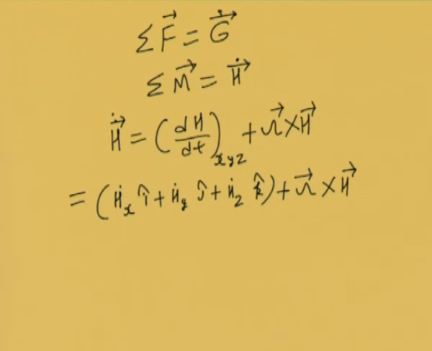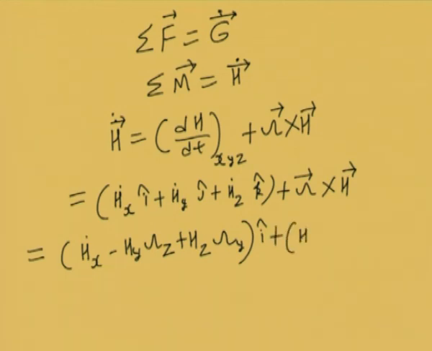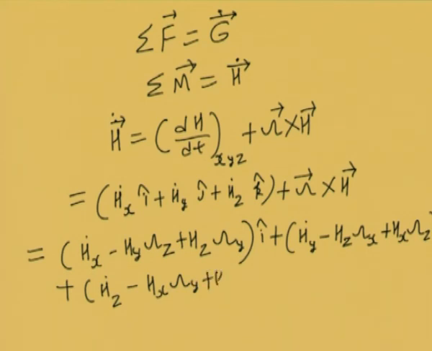Then you can do the cross product, and finally you will get these equations: (H dot x minus Hy omega z plus Hz omega y) i, plus (H dot y minus Hz omega x plus Hx omega z) j, plus (H dot z minus Hx omega y plus Hy omega x) k.